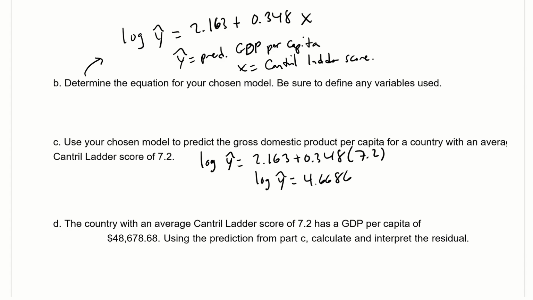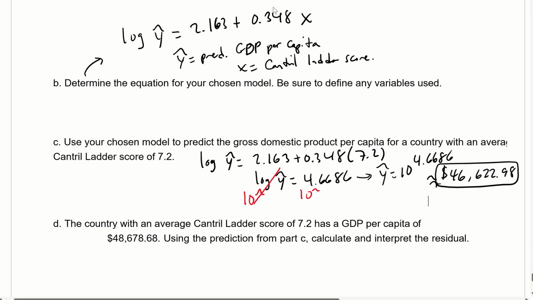And then we're going to raise 10 to the power of both sides. So that's $46,622.98. It's around there.